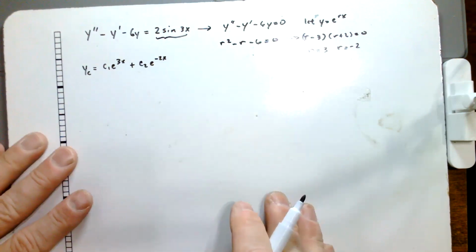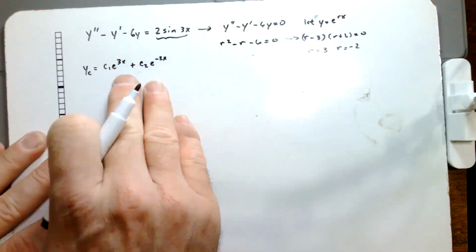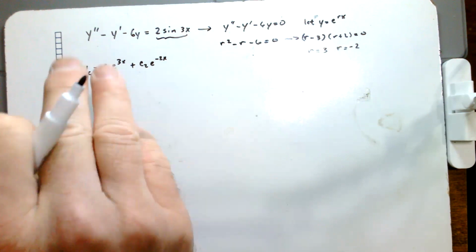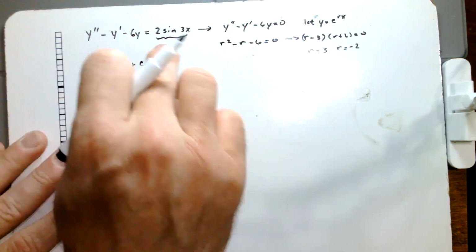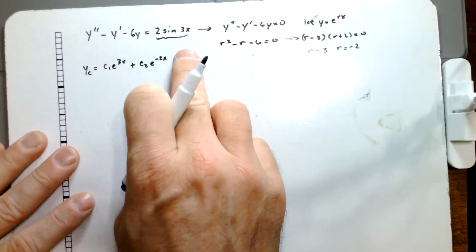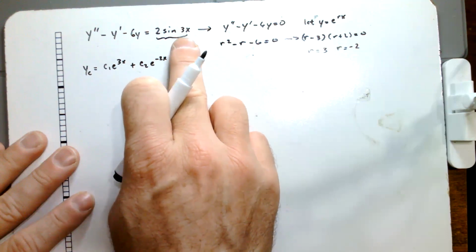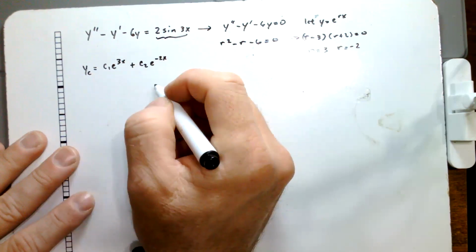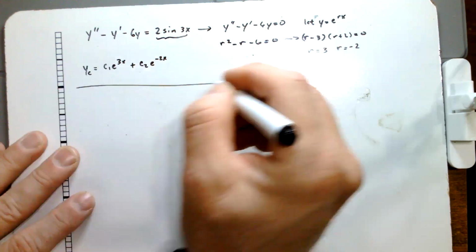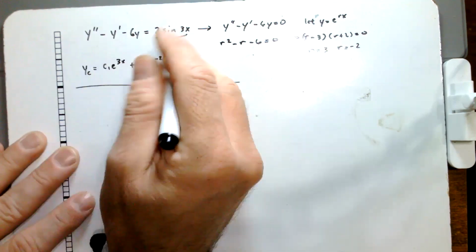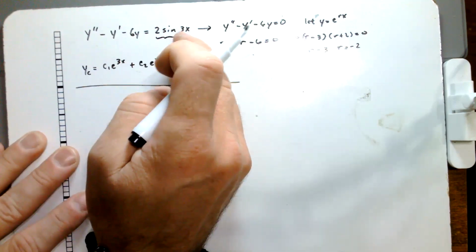Okay. Now that we have the solution to the homogeneous part, we're going to look at the particular solution, which is 2 sine of 3x.